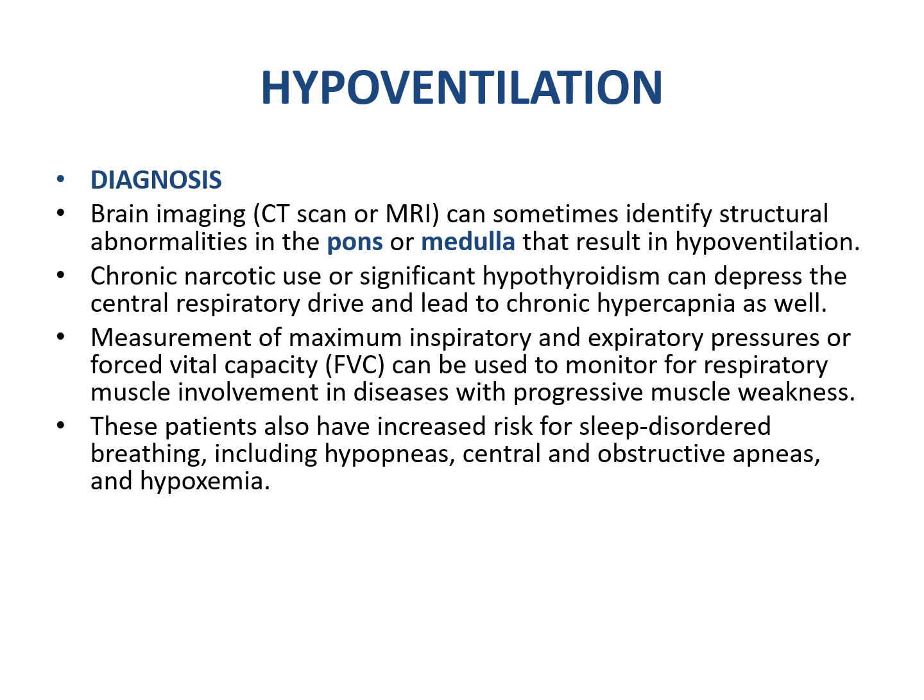Measurement of maximum inspiratory and expiratory pressures or forced vital capacity can be used to monitor for respiratory muscle involvement in diseases with progressive muscle weakness. These patients also have increased risk for sleep-disordered breathing, including hypopneas, central and obstructive apneas, and hypoxemia.